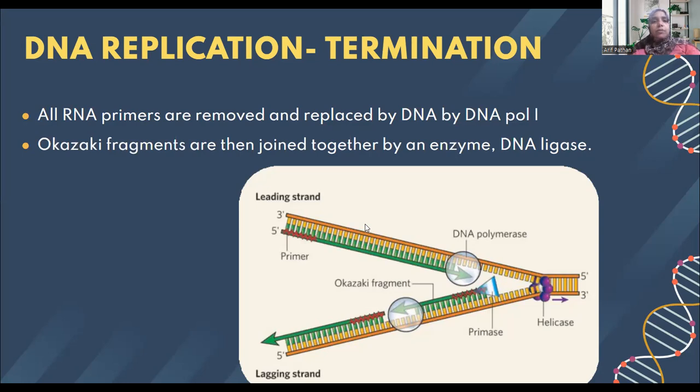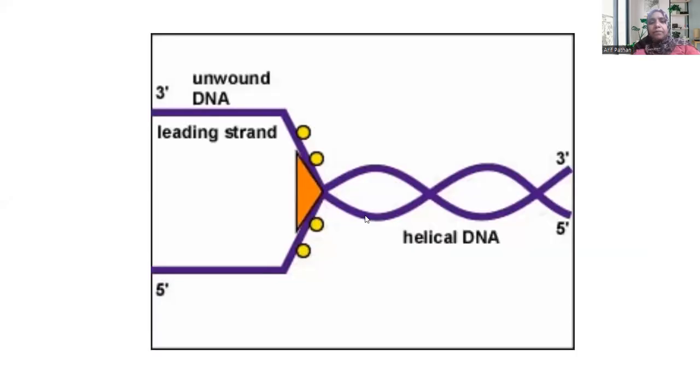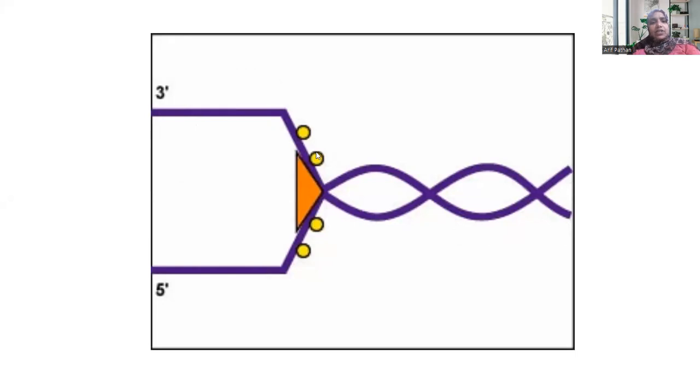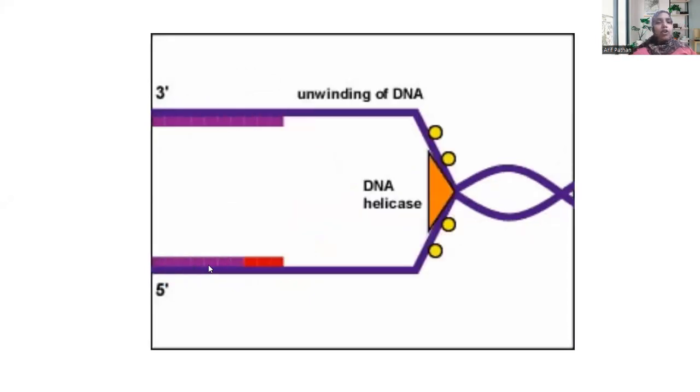So this is the whole process of DNA replication. So you have the helicase coming in, then single-stranded binding proteins. Helicase will break the two strands, separate the two strands. Then DNA polymerase will come in. These are the enzymes. DNA polymerase will add nucleotides, and you have the RNA primer, and then DNA polymerase again bringing nucleotides and making the daughter strands.